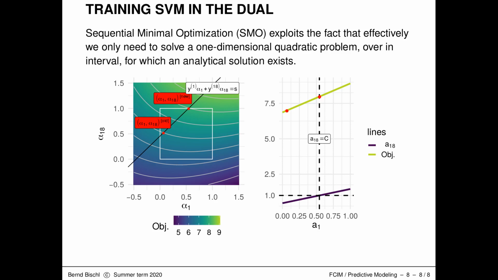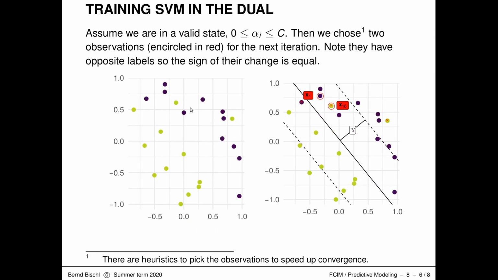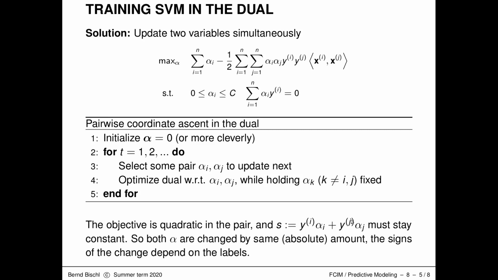So the thing is, it's two variables, but the two variables have this extra linear constraint. So if you look at this guy here in combination with this, only two variables are of interest to us. We are only varying the objective in two variables, but we also have to respect this linear constraint.